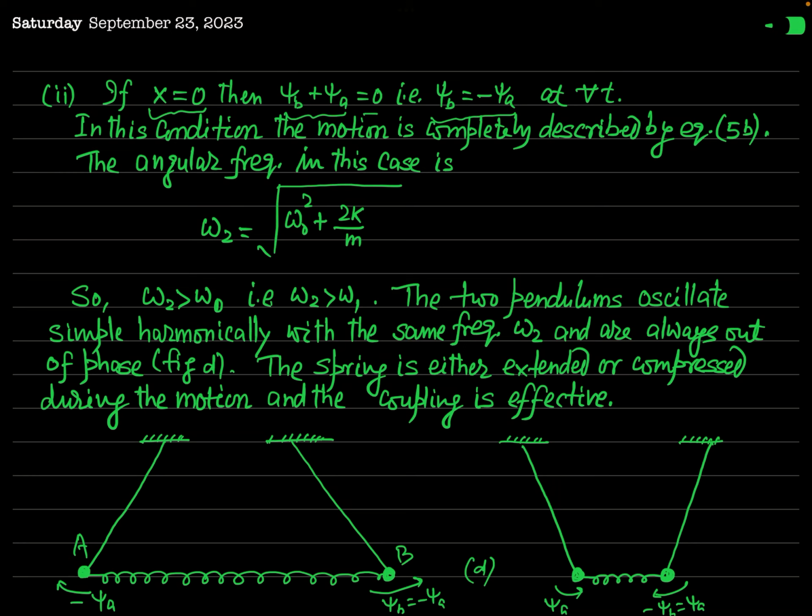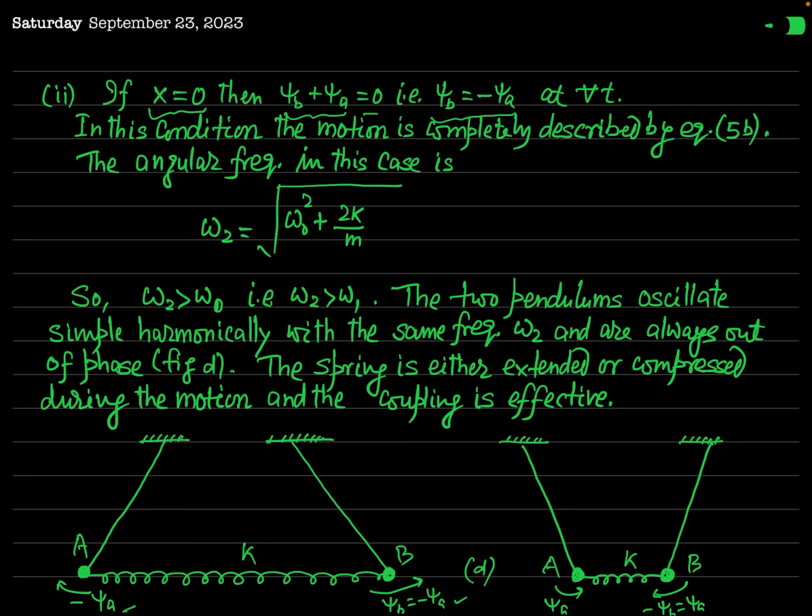If we consider the displacement of B positive, then you have to take the displacement of A negative, and in this case psi B is equal to minus psi A. Or if A is displaced rightward and B leftward, in this condition the spring will be compressed, while in the first condition the spring is elongated.